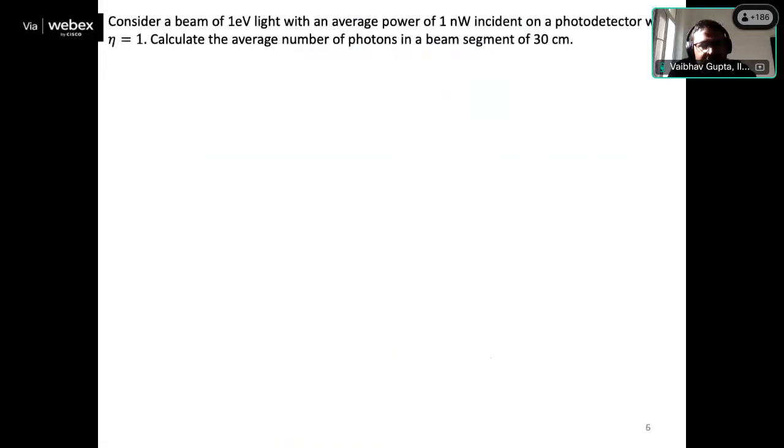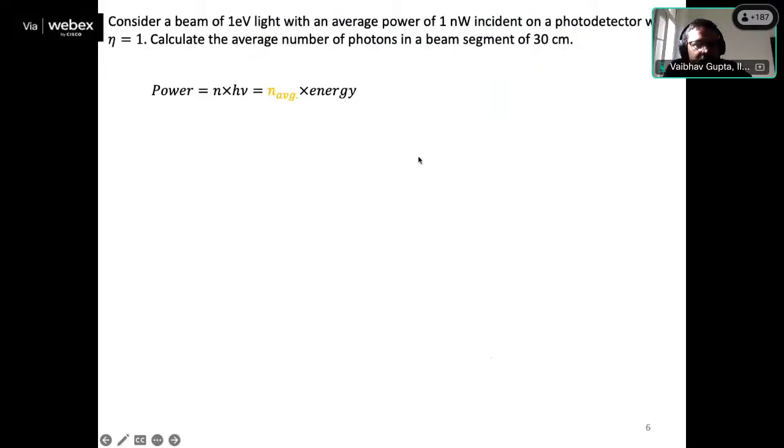Now let's take one more example. Suppose we have one eV energy light which has a power of 1 nanowatt, and this light hits on a photodetector, and this detector has an efficiency of 100%, meaning all the photons are converted into the current. Now we would like to know how many average number of photons are there in a beam segment of 30 centimeter.